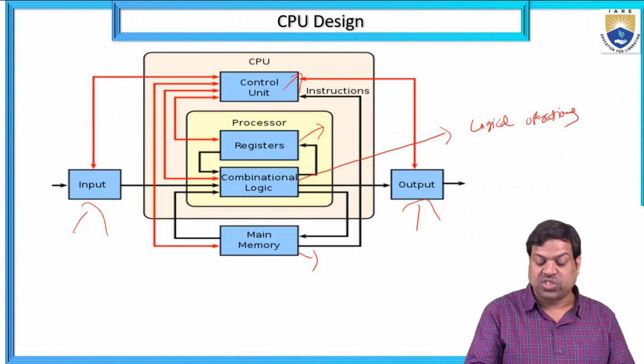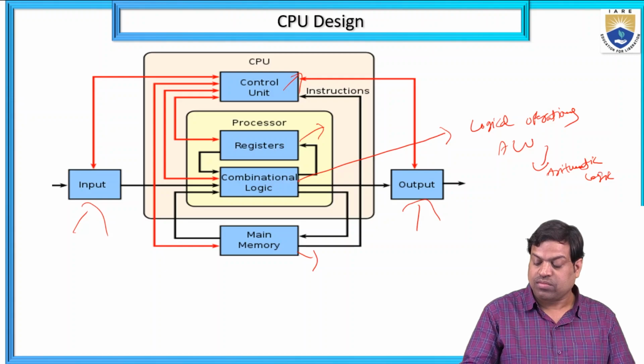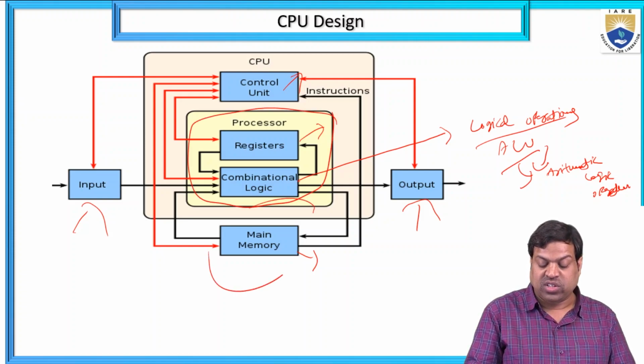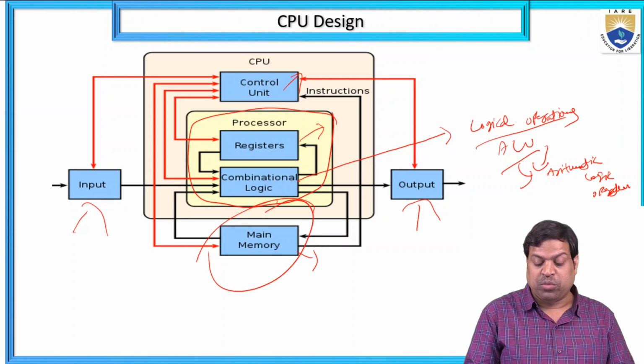Combinational logic means logical operations, registers, and ALU means arithmetic logic unit. ALU is for arithmetic and logic operations, and logic gates for logic operations. Okay, it is the main memory. Main memory is very important, and the CPU is in between the memory and control. Control unit is memory and data register. It is the output.